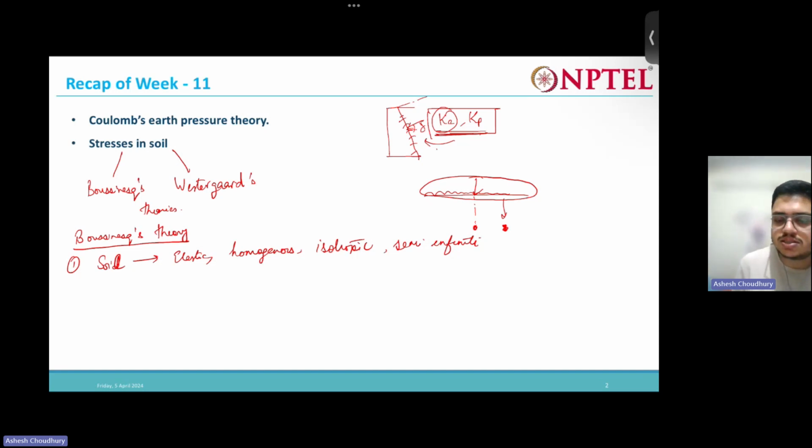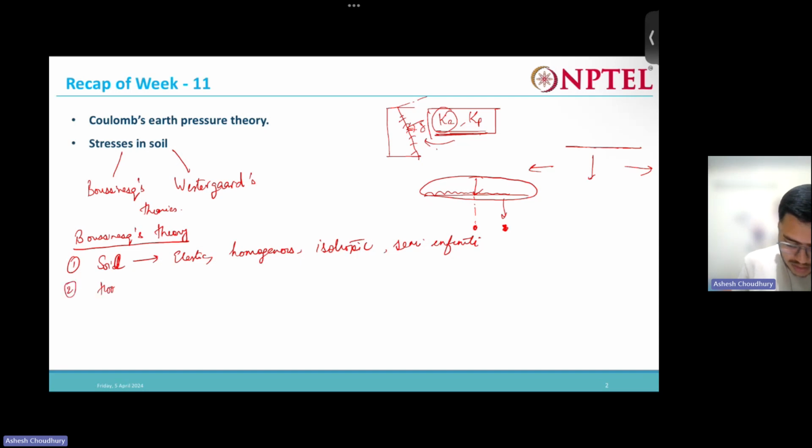Elastic means it won't go into the plastic state. Homogeneous means properties are the same at all points. Isotropic means in all directions the properties are the same. And semi-infinite means the soil is bounded only by the ground surface; in this direction it's infinite, in this direction it's infinite, in this direction it's infinite. That's why we call this semi-infinite.